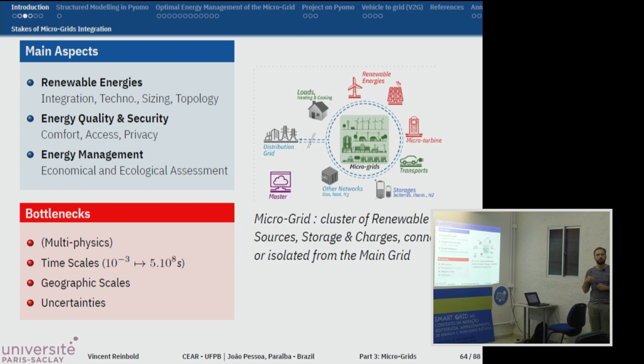And they will know the price of energy only a day before. So they have a lot of uncertainties because they know the price of energy only for a horizon of 24 hours. They don't know in a week what will be the price of energy.